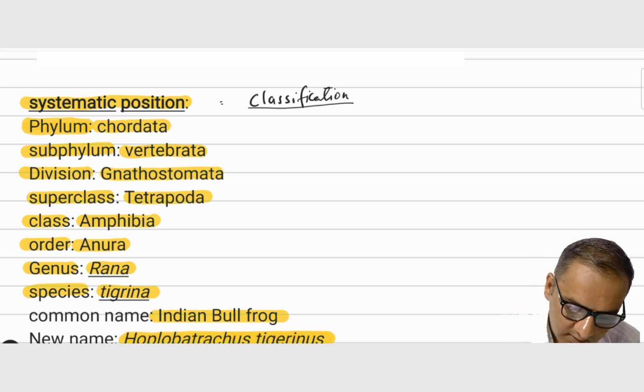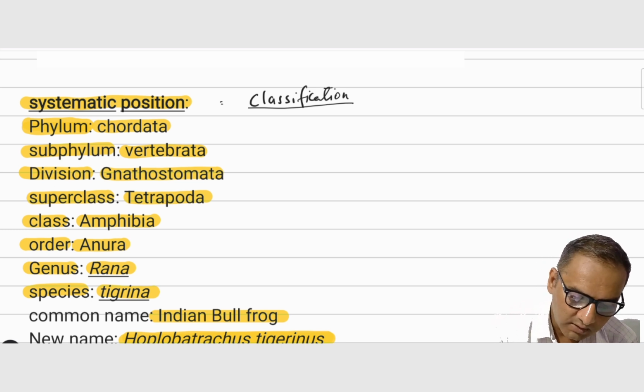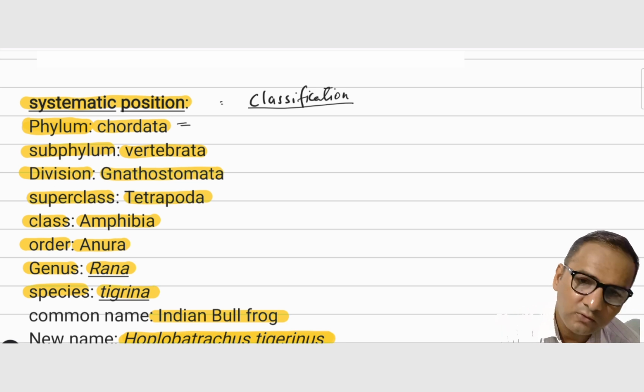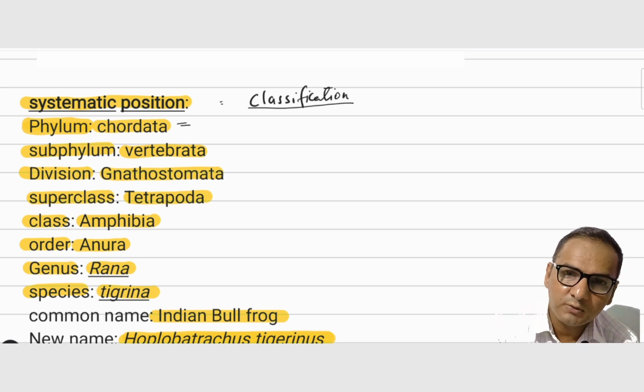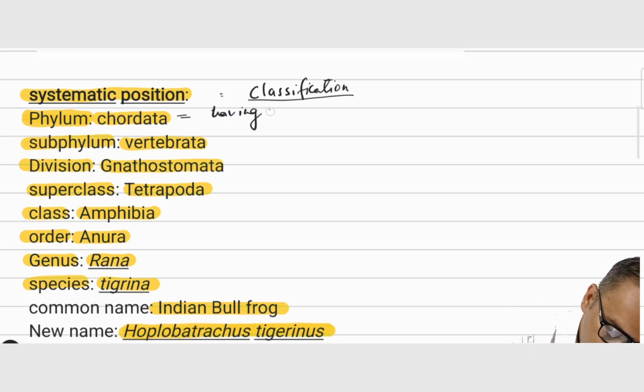Now each and every term used here has some meaning, like the phylum Chordata. Chordata includes all those animals which possess notochord. Chordata means having notochord. What is this notochord?